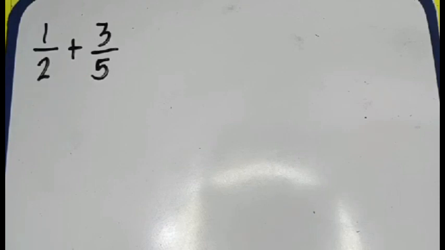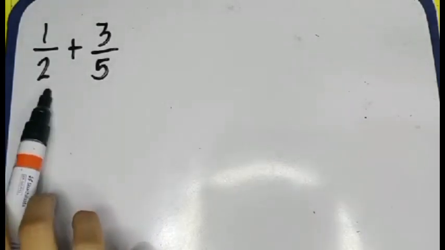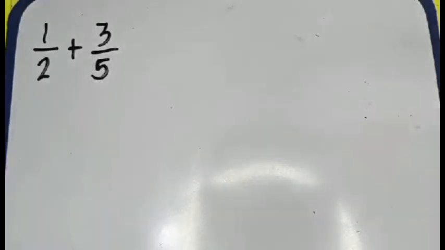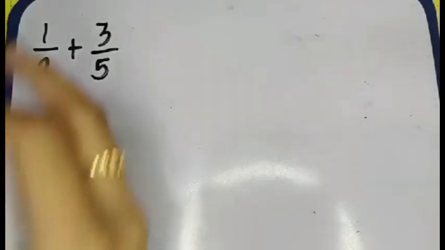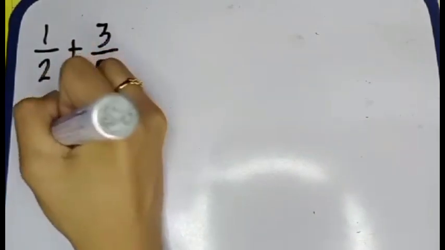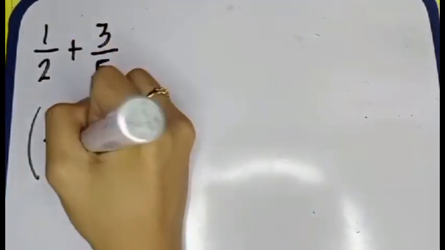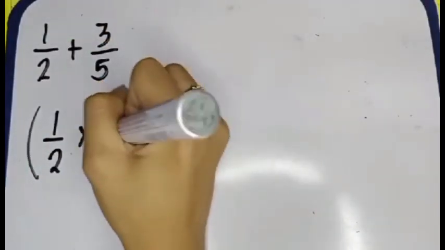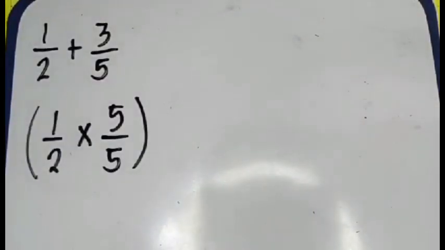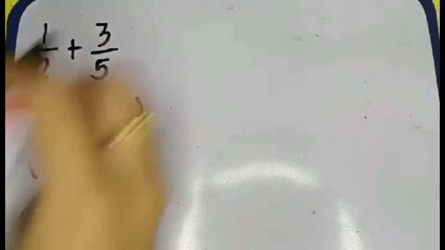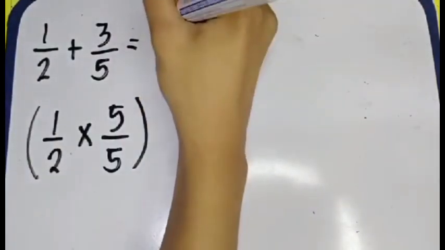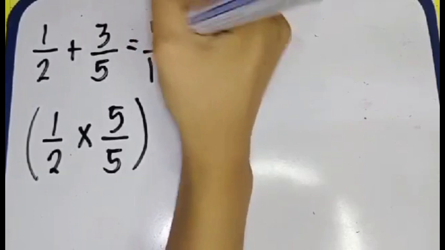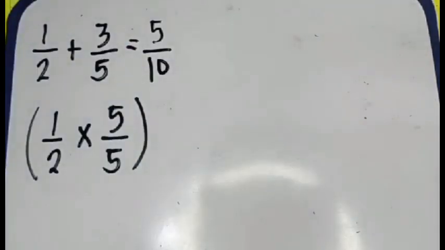After that, we are going to multiply both numerator and denominator of 1/2 and 3/5 by the number that makes its denominator equal to our LCM. So, 1/2 is multiplied by 5 over 5, para maging 10 ang denominator, and that will be 5 over 10. Next is the 3/5.